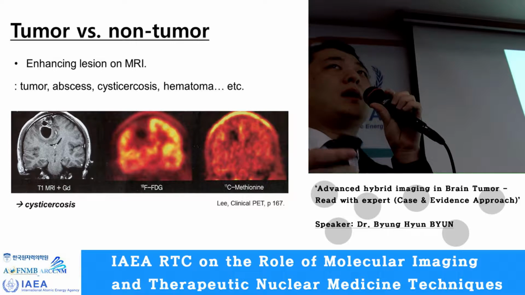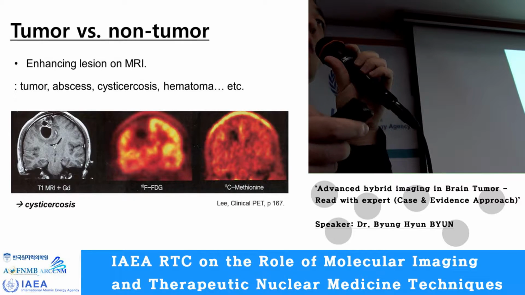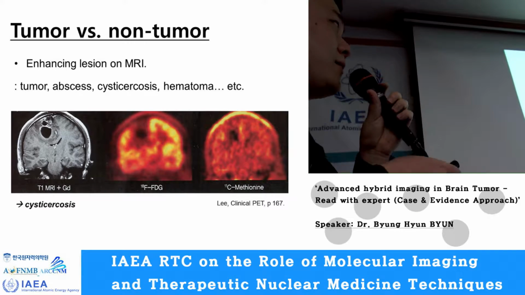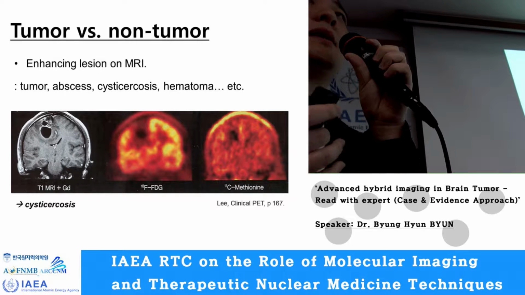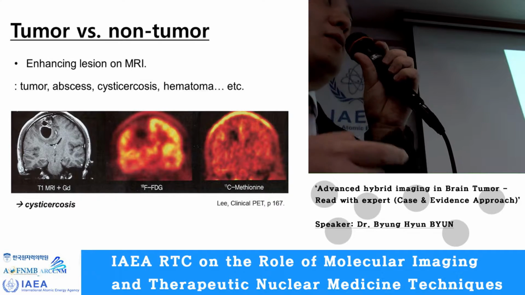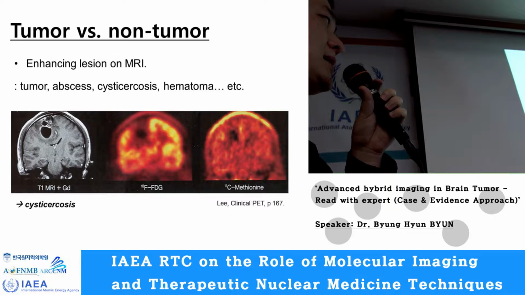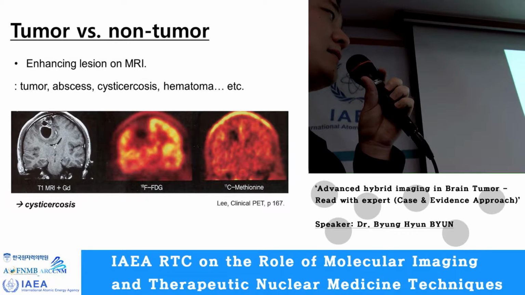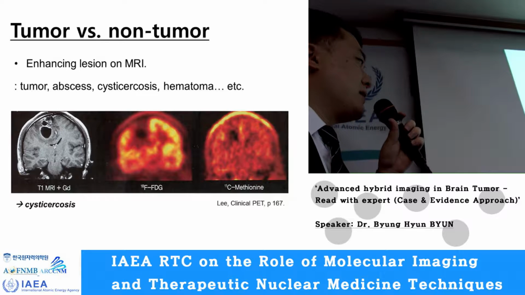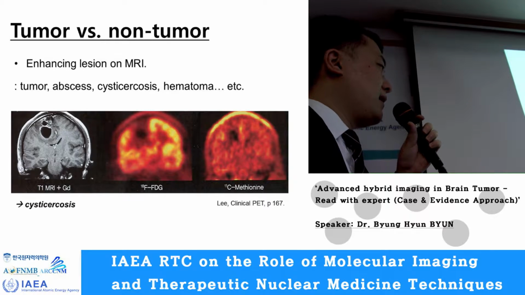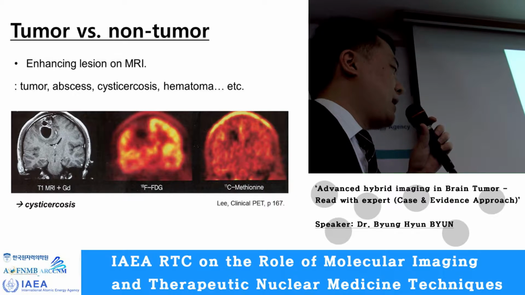Before treatment, it can sometimes be difficult to differentiate the tumorous region and non-tumorous region, because many regions can be enhanced on MRI. For example, tumor, abscess, cysticercosis, hematoma, etc. As you can see in this image, there is a cystic region and somewhat enhancement around the rim.